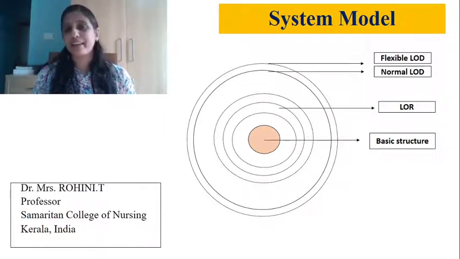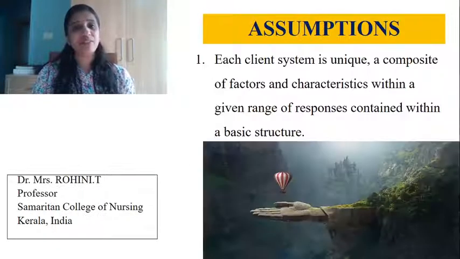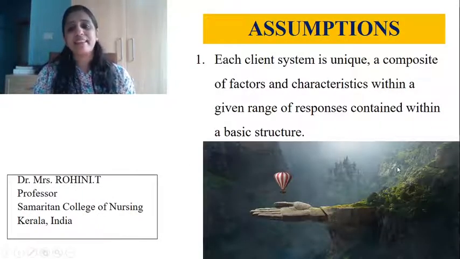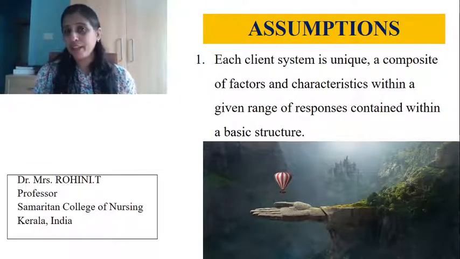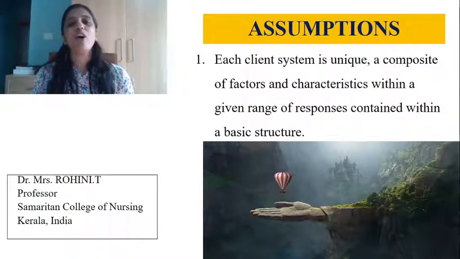I have my own characteristics. You have your own characteristics. I have my own set of traits. I have my own set of the various variables. The factors, the characteristics, and the responses that we all have to a particular stressor are unique. If it works for me, it need not work for you. That is what Neuman is telling, because our basic structure is unique.